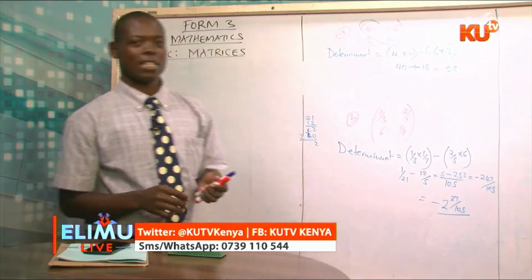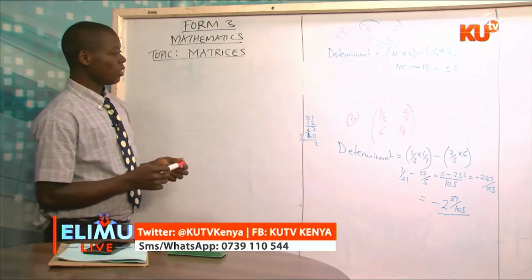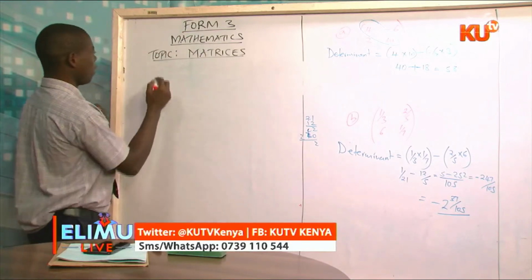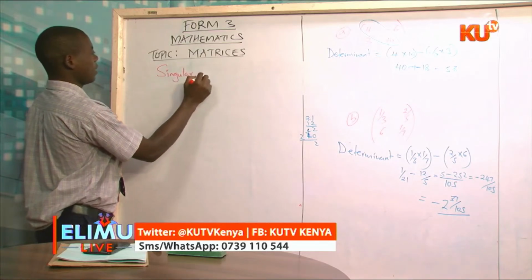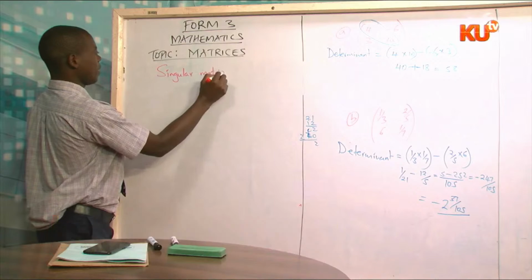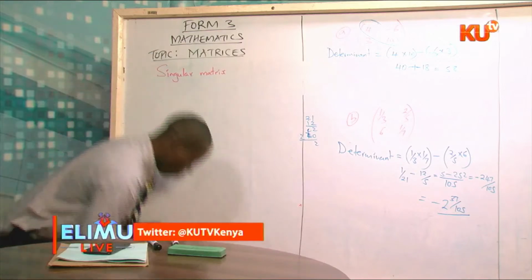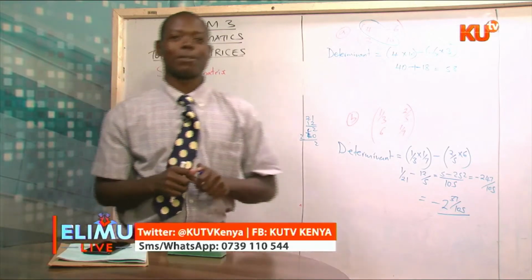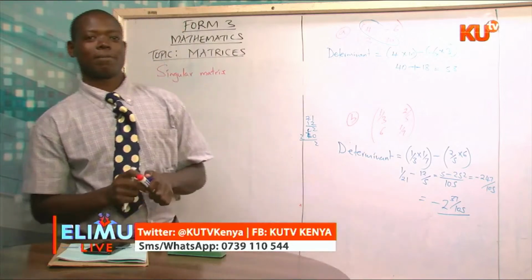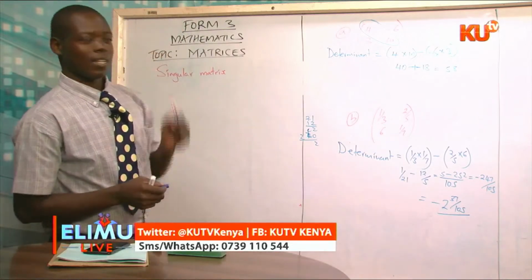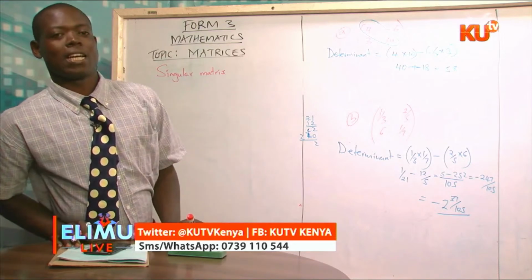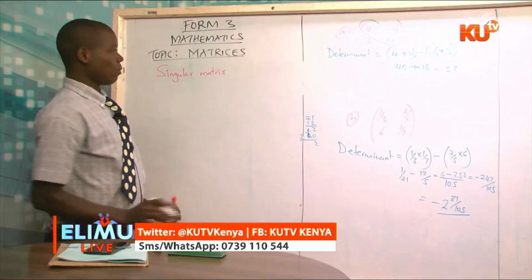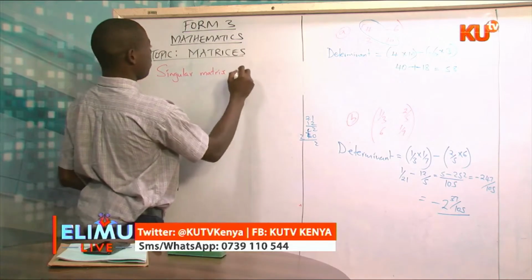But to make an extension to that, students need to understand there is something we call a singular matrix. So what is a singular matrix? A singular matrix is simply a matrix whose determinant is 0.